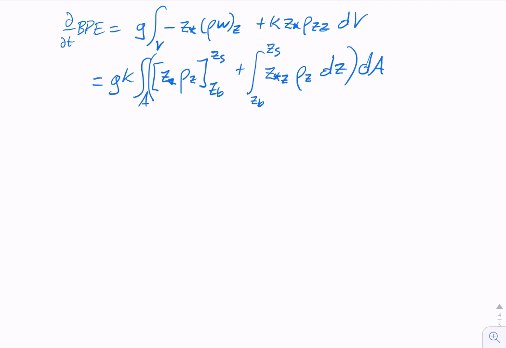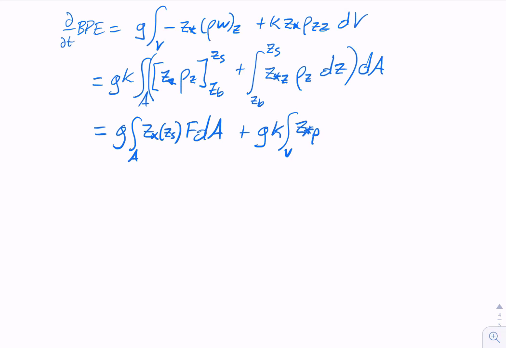Now the first term is once again connected to the surface buoyancy flux, and it can be simply written as G times the area integral of Z star at the surface times F dA. And the second term can be rewritten as G times kappa times the integral of dz star/d rho times (d rho/dz) squared integrated over the volume.